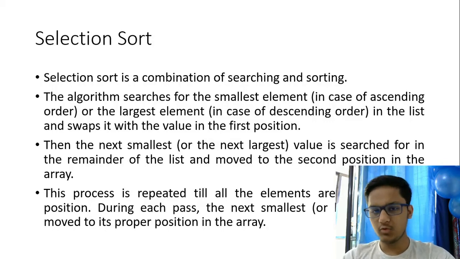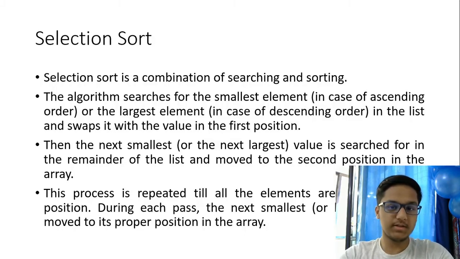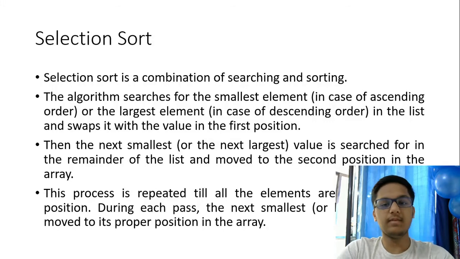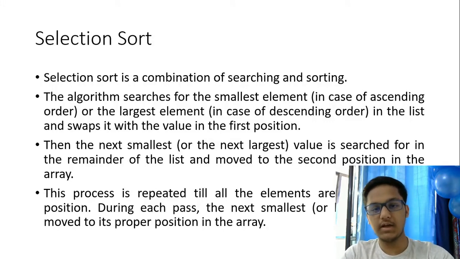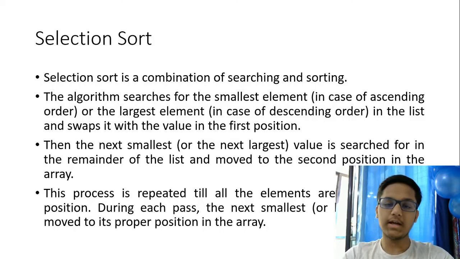We can run a simple for loop to search for the smallest element. If we run a for loop with a condition of less than the total length of the array, and we assume the first element to be the smallest, then we compare the first element to each of the elements, and if we find a smaller element, we assume that to be the smallest element. So at the end of a particular iteration, we'll find the smallest element.